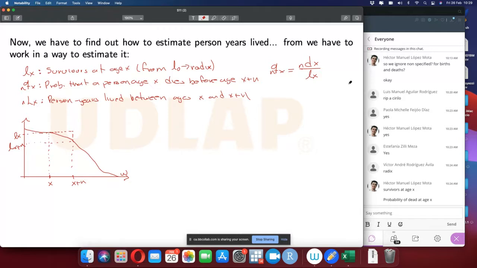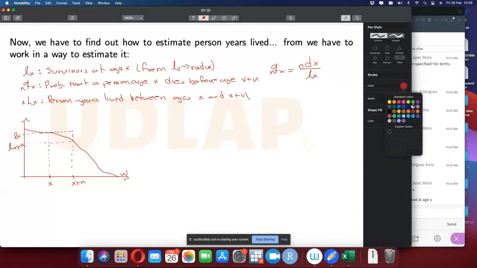And this area is the most important thing. Here I'm using a really big separation between x and x plus n, but remember that we have 5 years. One big assumption that we can make is, let's assume this is linear. So we end up with rectangles and triangles, and I hope you remember how to estimate areas for these two.